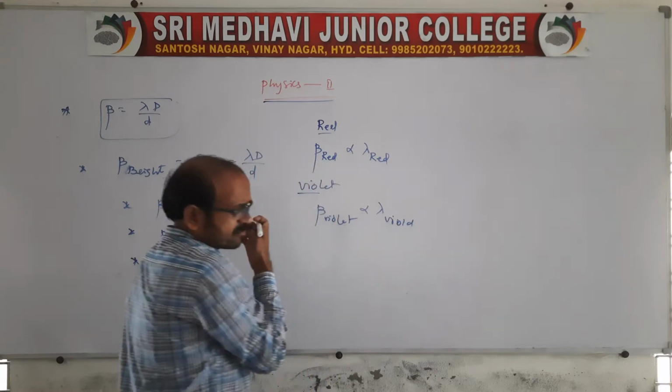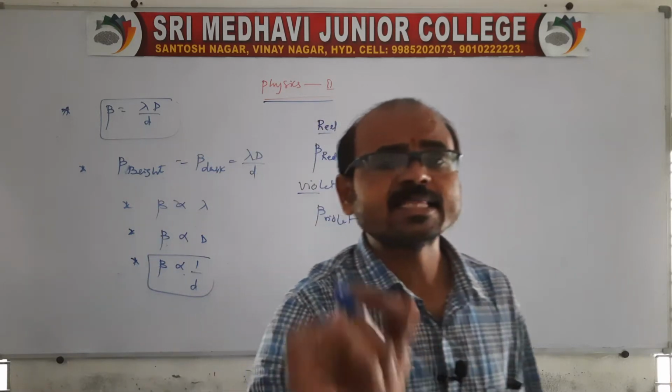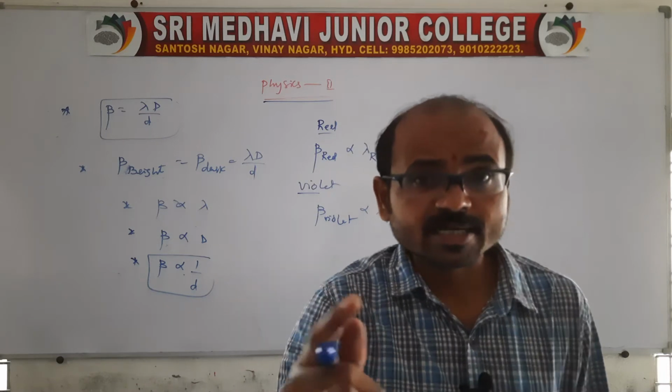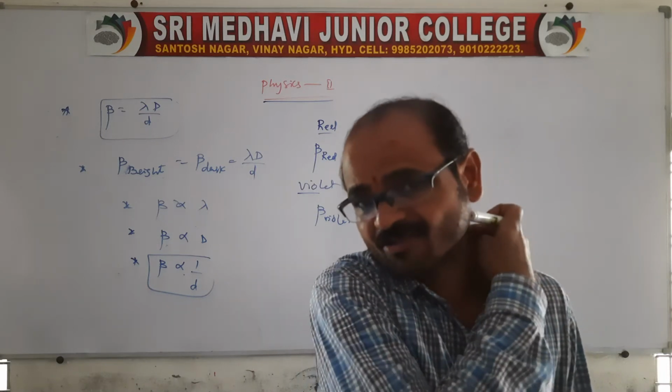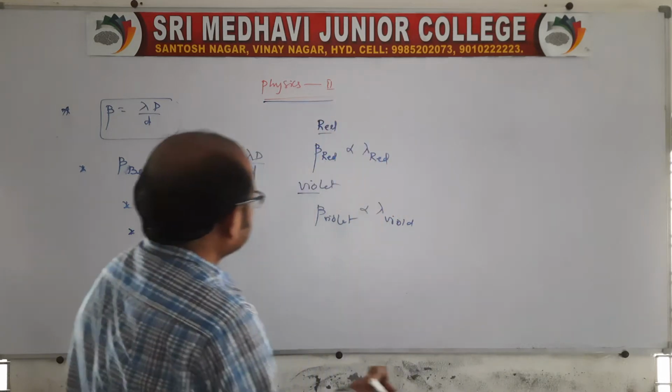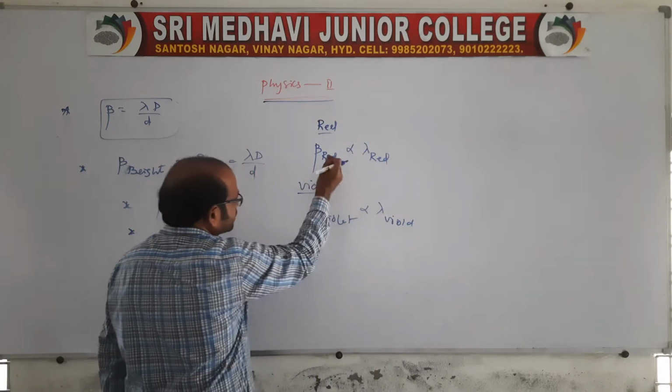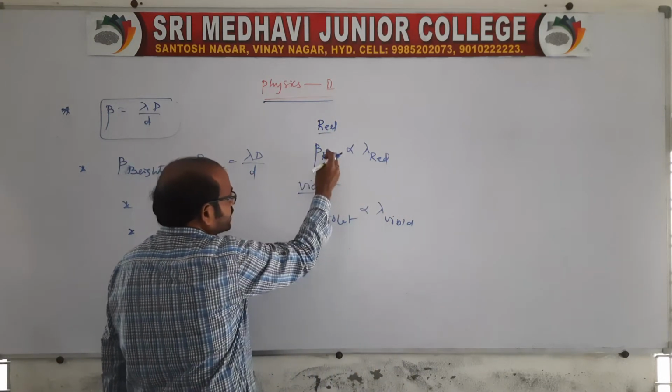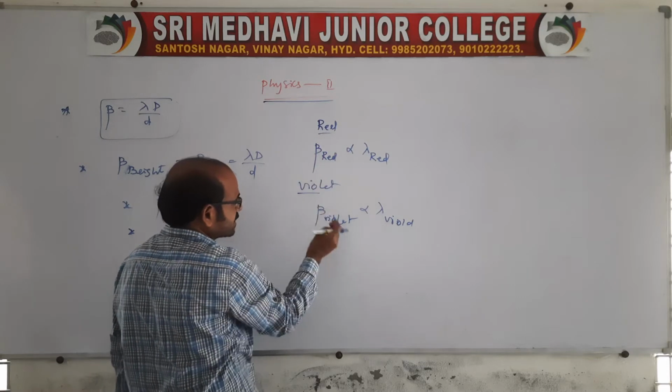You remember the wavelength of violet color is less than red color, because red color travels more distance than violet. So in this condition, the red fringe width is greater than the violet.